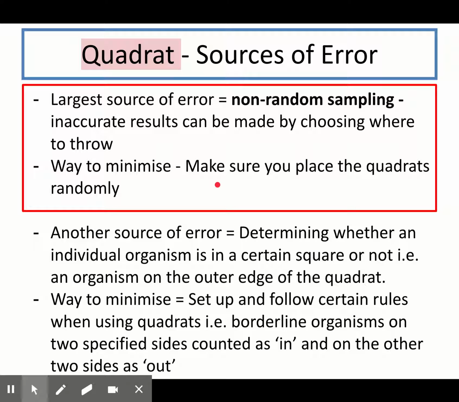If I choose those places that have the most daisies, when I finally work out my total abundance, there's going to be way too many compared to what there actually is, because I've ignored that other part of the field where there wasn't any. So the best way to take out this bias from humans is to make sure you randomly sample. So you randomly choose where to place the quadrats.